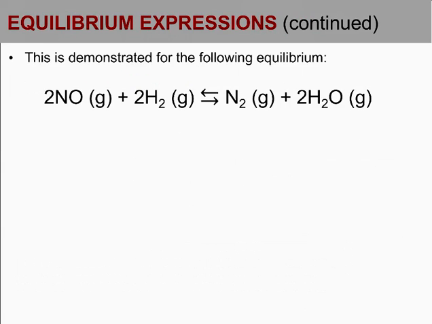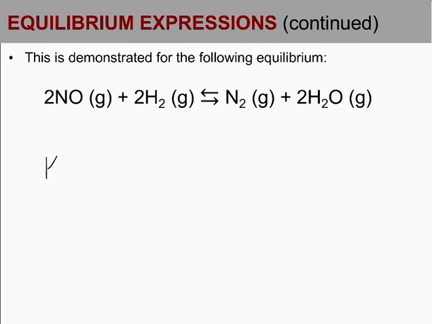So let's practice writing out an equilibrium constant expression for the reaction shown here. We have 2 moles of nitrogen monoxide reacting with 2 moles of hydrogen gas, producing nitrogen gas and 2 moles of water as a gas, so steam.